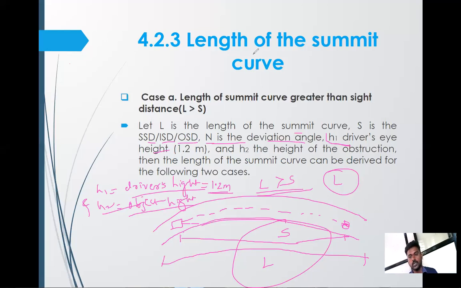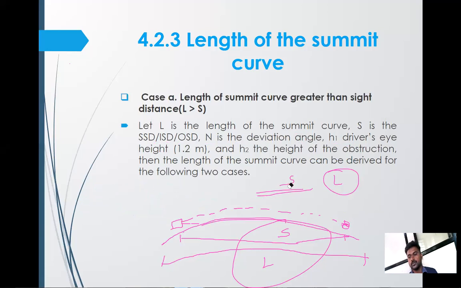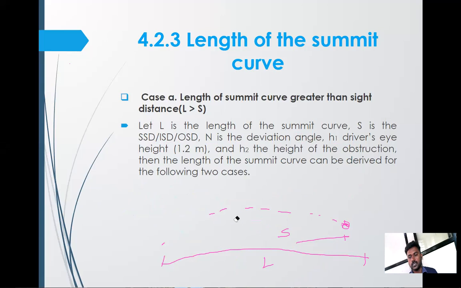We have seen this when we discussed it earlier. Now we will see how the formula differs when we take SSD and when we take OSD. Now you will see the formula.